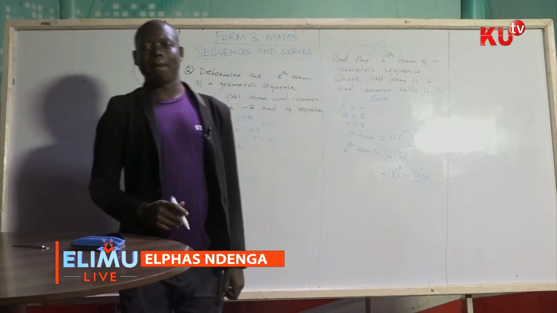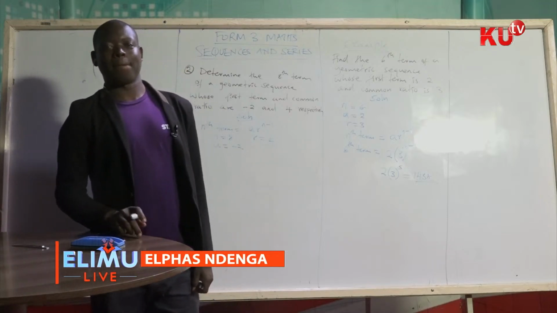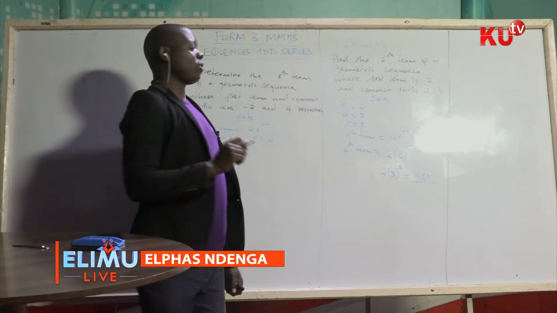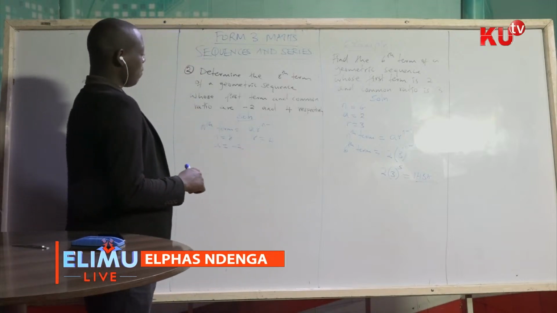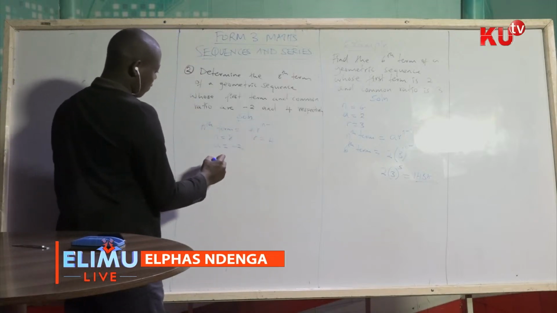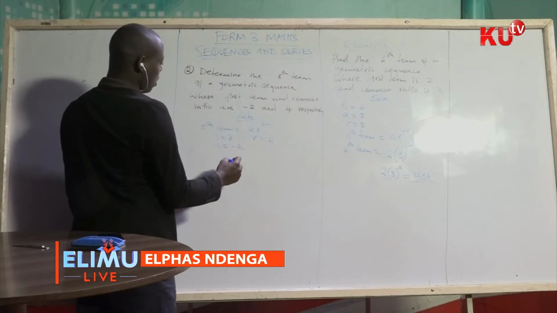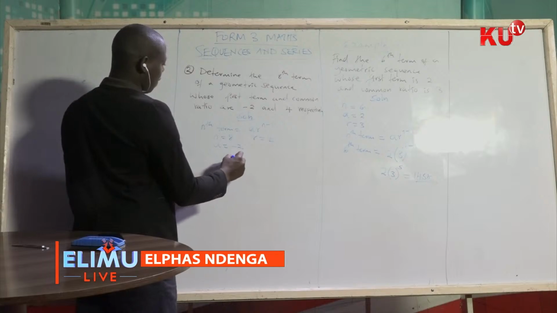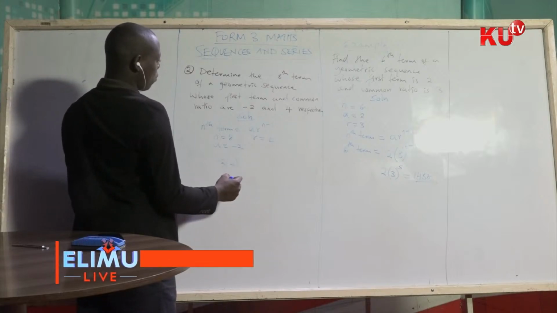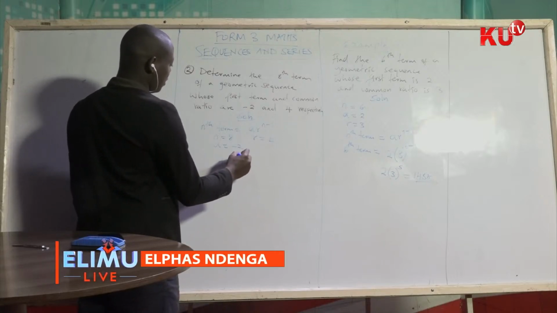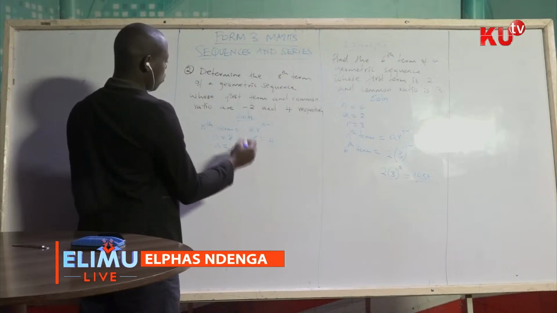Step number 3. We substitute this into the formula. So we shall have -2 times 4 to the power of, what is n? 8 minus 1.